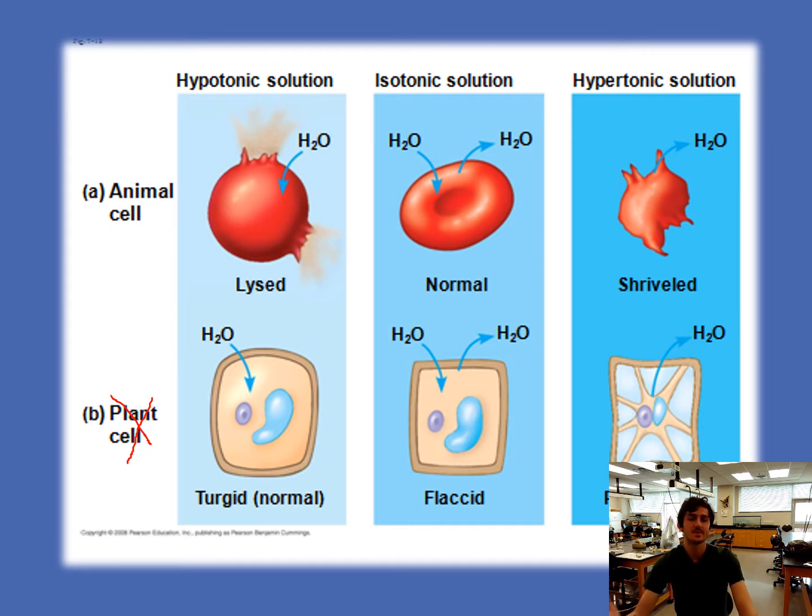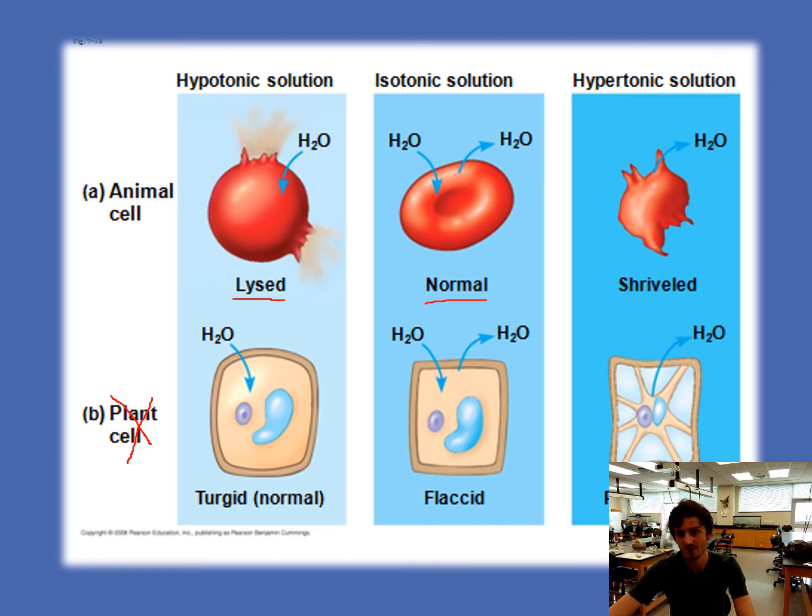So when water is flowing into a cell, so there's a lower concentration of solutes outside the cell than there is inside the cell, water flows in, and that animal cell will burst, and we consider this a lysed cell. If our cell is at equilibrium, so if there are equal concentrations of solutes on either side of that membrane, we consider that a normal cell.